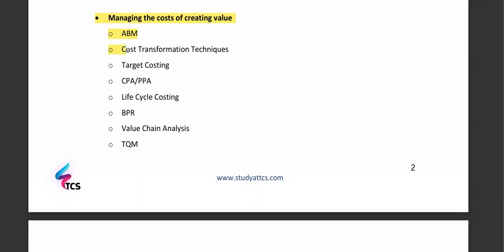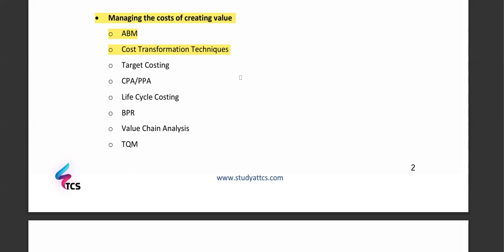Cost transformation techniques, a topic which has often been tested. Remember the 6 different measures of the cost transformation techniques, the CIMA cost transformation model. In particular, remember, with specific reference to e-waste in the pre-seen news article section, there's every possibility that cost transformation techniques could be tested, especially given the fact that it is one of the recommendations that you need to connect product development or products with sustainability.